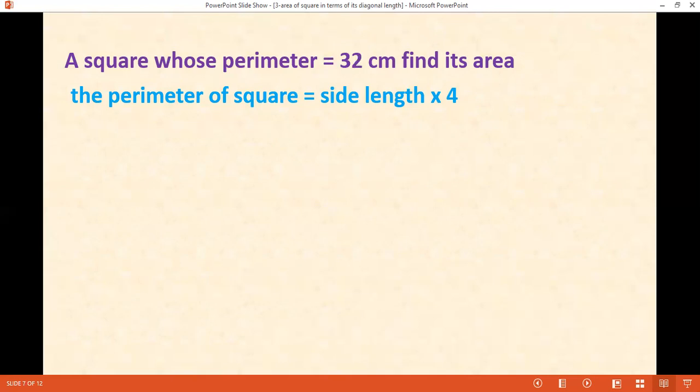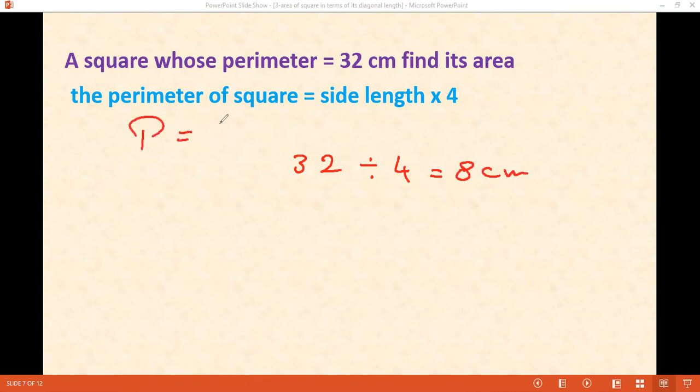I have to divide it. 32 divided by 4 equals 8 centimeter, because perimeter of a square equals side by 4. So the side length will be 8 centimeter.